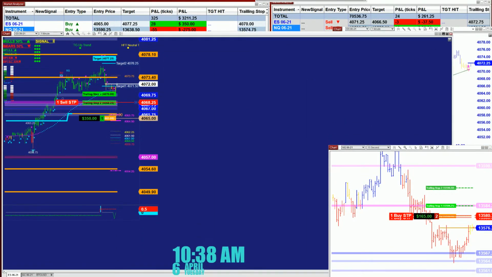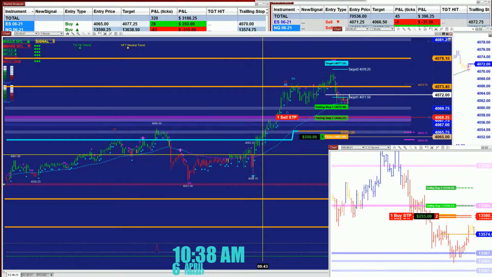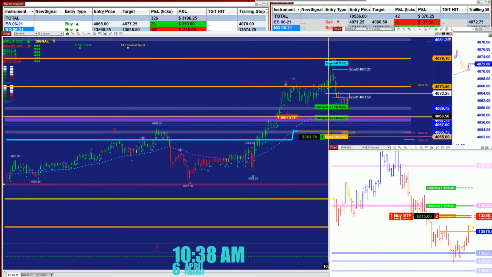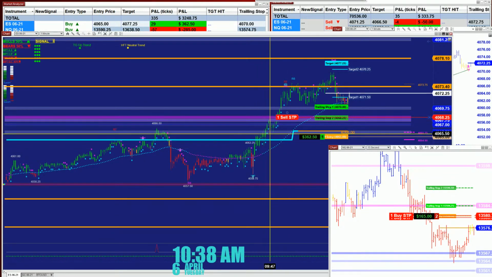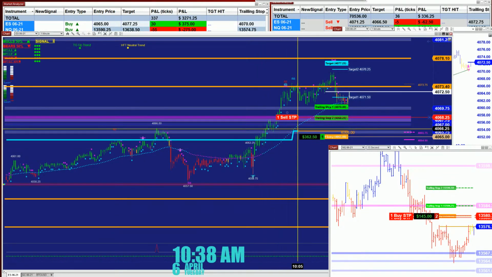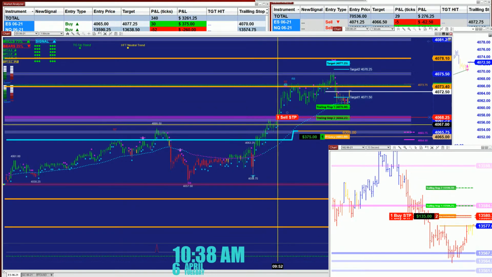If we look at how this market is trending, and we can see where this midline is landing, and you can see the bars are far from this line. The farther the bar is, the stronger the trend is.